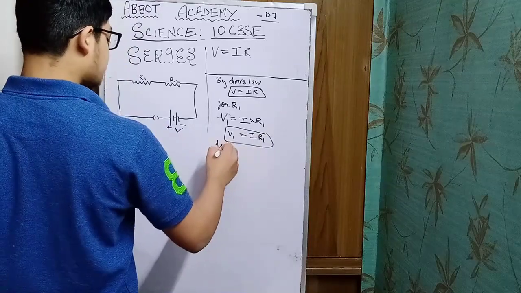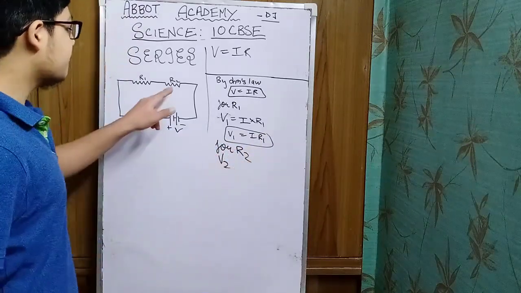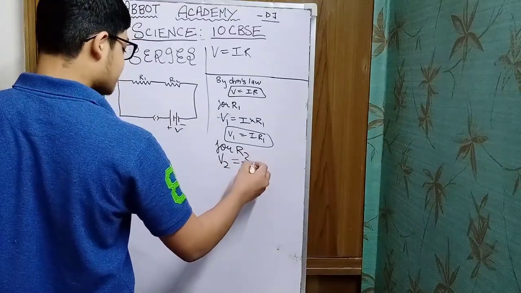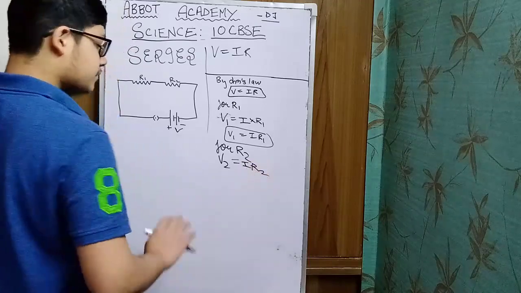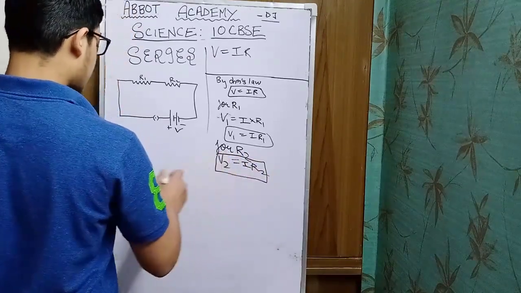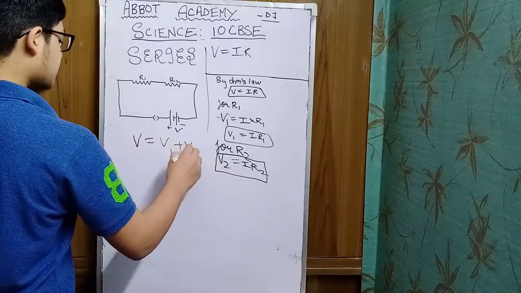Now let us look at R2. For R2, the potential difference will be V2. So V2 will be I, again I is constant, and R2. V2 equals IR2. Now can I write V as V1 plus V2?